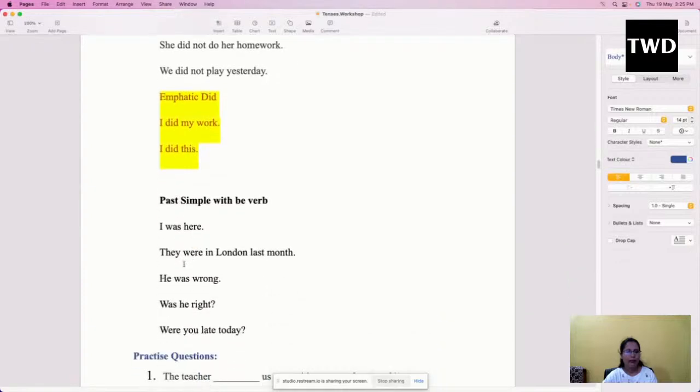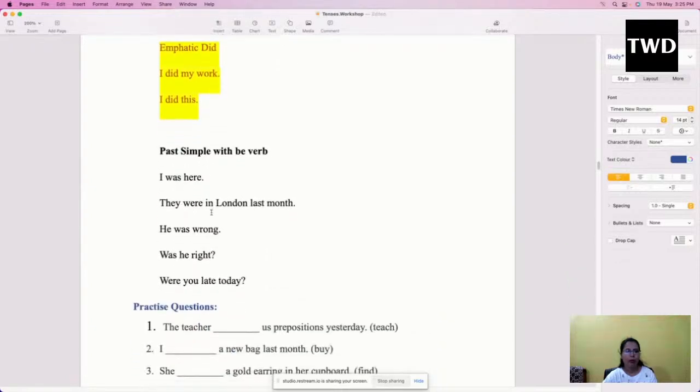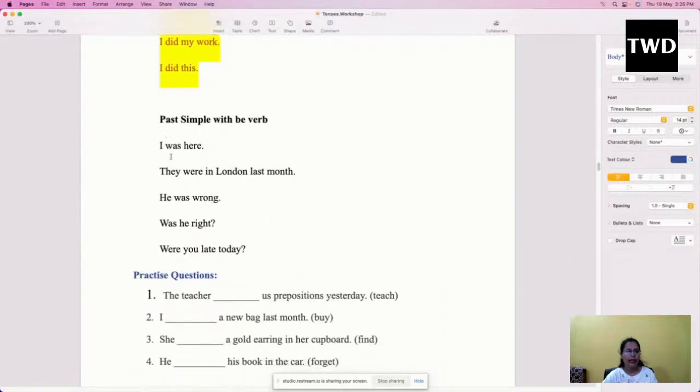Past simple with the be form of the verb. I was here. Was is the be form of the past verb. They were in London last month. He was wrong. Was he right? Were you late today? Yes.